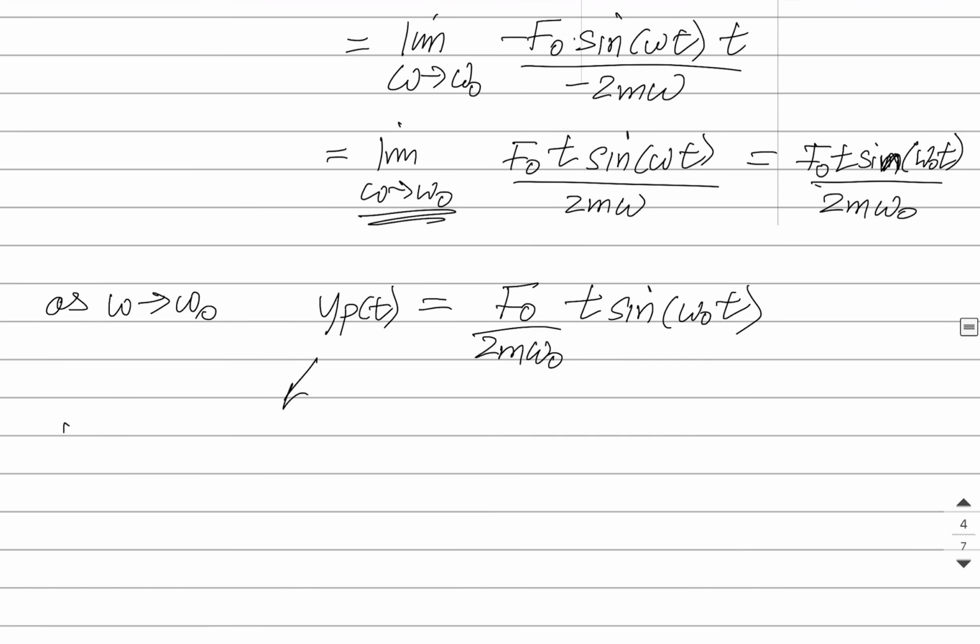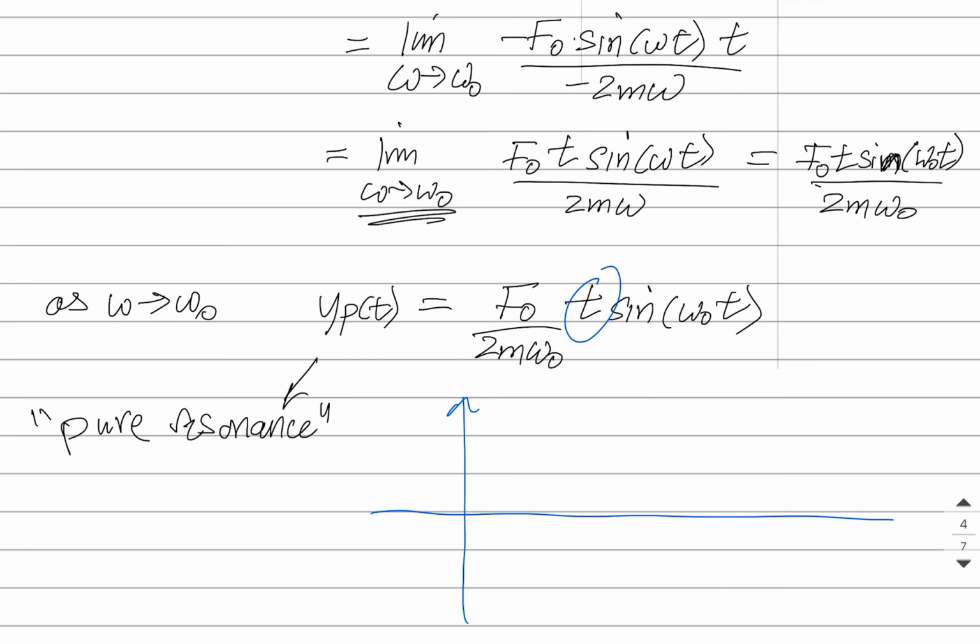This is something called pure resonance. And it's pure because it comes from the undamped case. And if we were to plot the behavior of this thing, and it shouldn't be yp, it should just be y. If we were to plot the behavior of this thing, what would we see? We would see, starting from rest initial conditions, some oscillations.